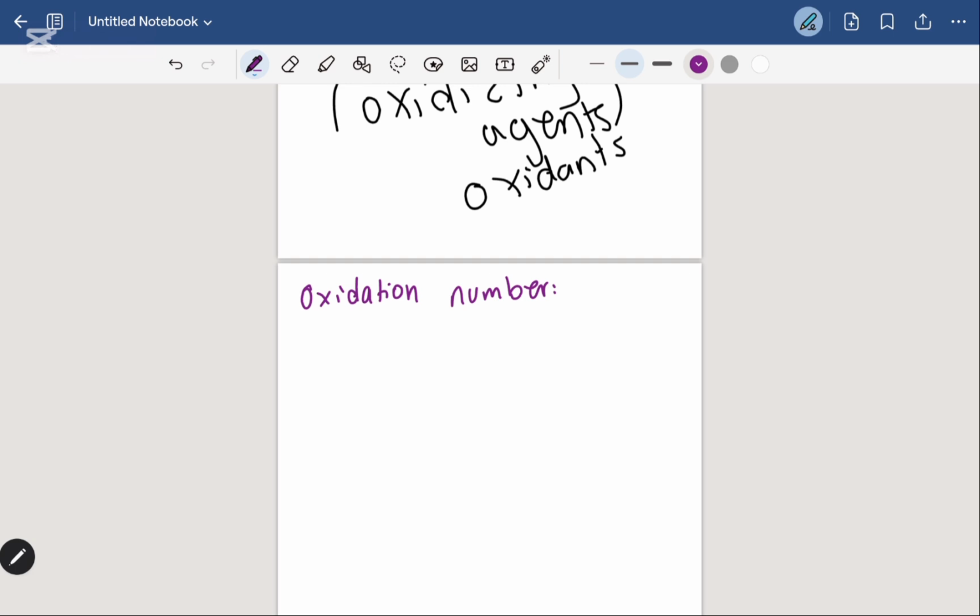Oxidation number is a fictitious, which means imaginary, charge that is assigned to the atom when pairs of electrons shared between it and other atoms are counted according to certain rules. In a simpler definition, oxidation number is the imaginary charge that is given to the atom in a compound, okay? Notice why I said compound, okay?